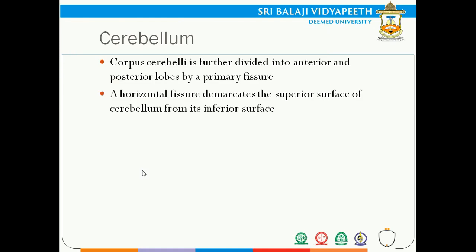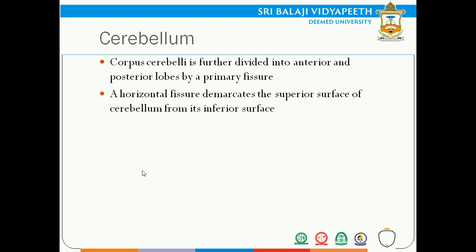When we were talking about the hemispheres, we said there are two major lobes in every hemisphere. Both the right and the left halves of the cerebellum are divided into two major lobes. One is the corpus cerebelli, another is the flocculonodular lobe. The corpus cerebelli further divides into an anterior half and a posterior half.